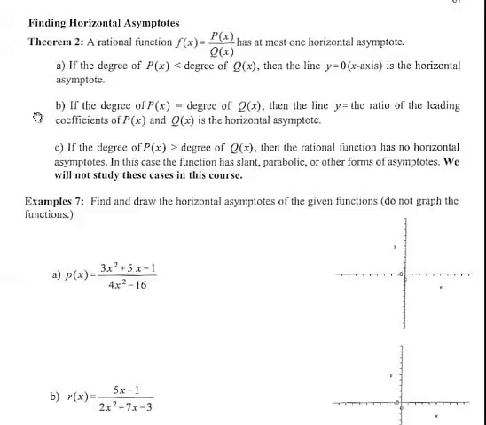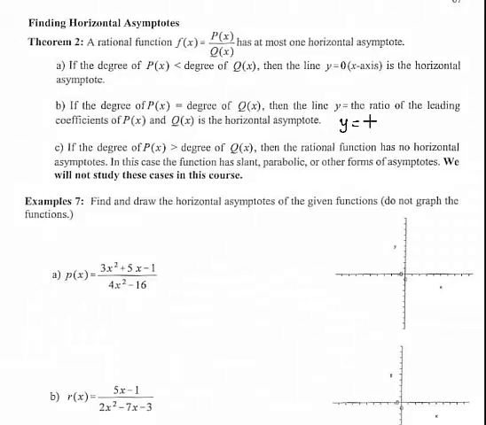The second situation that we're going to consider: if the largest exponents on top and bottom are equal, then we take the ratio of the leading coefficients, the leading coefficient on the top divided by the leading coefficient on the bottom, and that's where our horizontal asymptote is.